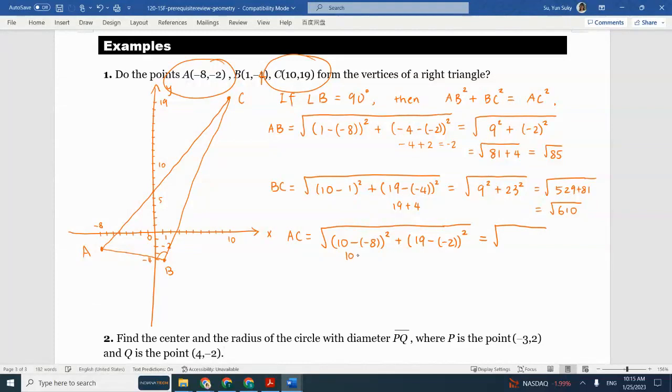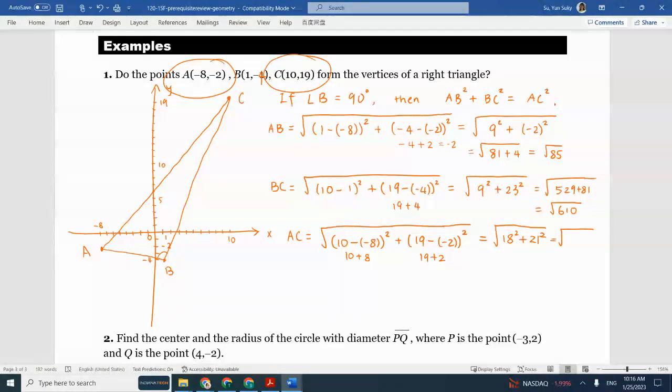Well, 10 minus negative becomes plus 8. That's 18 squared. Plus 19 minus negative becomes plus 2. Ooh, that's 21 squared.